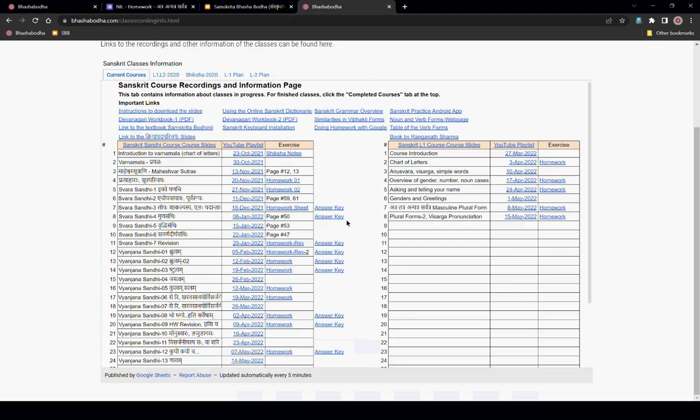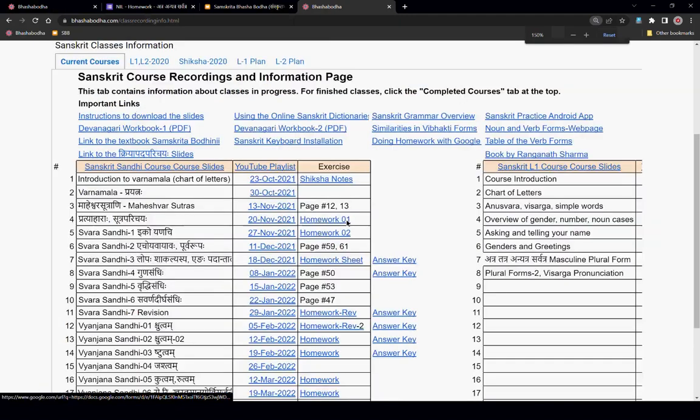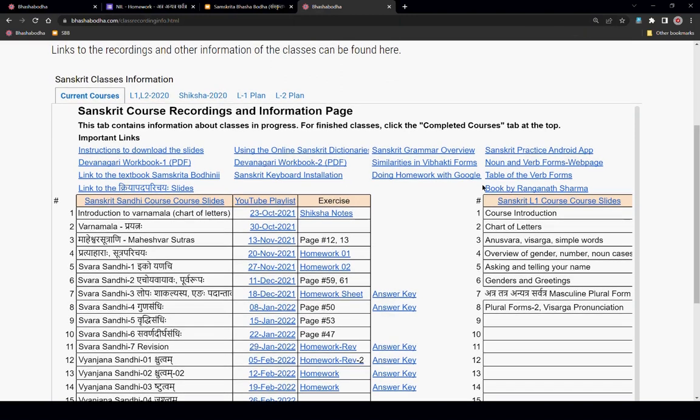Here, you see here. If we can increase this. A book by Ranganatha Sharma. So this one you can download. An old book, but very simple prose compositions, lessons are there, very easy to read. You can try this.